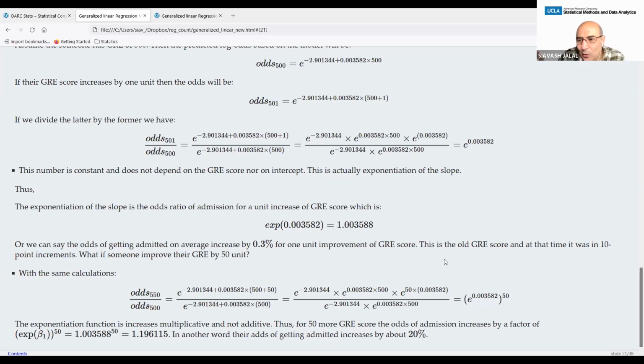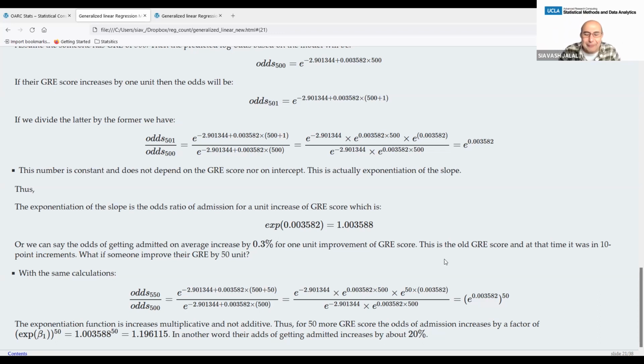This GRE is an old GRE score. Right now, GRE point increments by 1 point, but the old time GRE score incremented by 10 points. So there is no 1 point extra GRE, right?